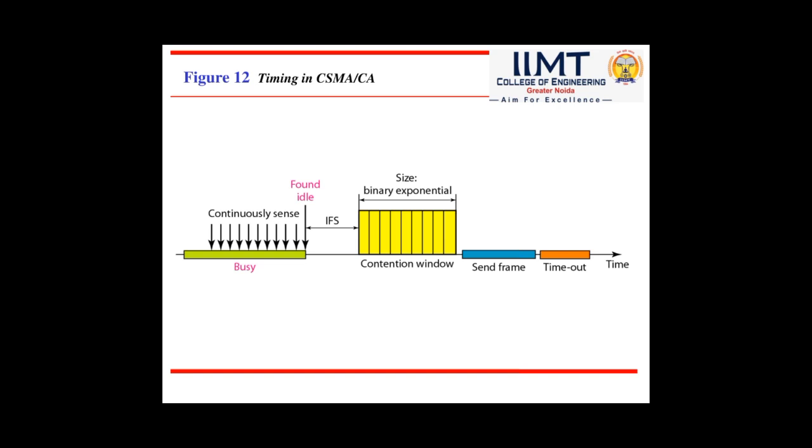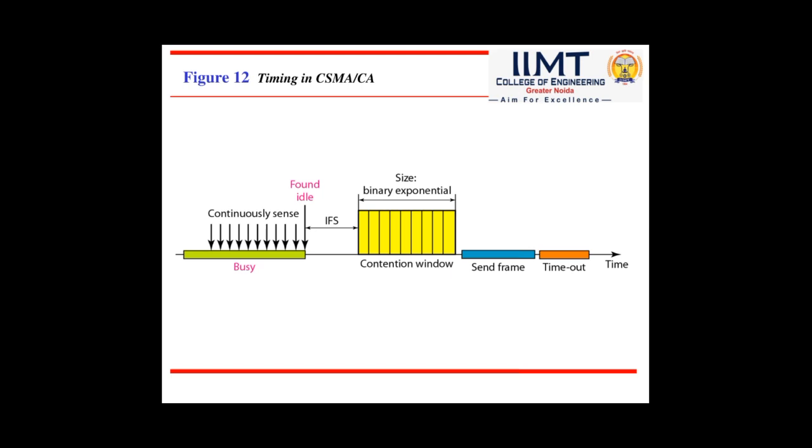So to avoid this, a new method came, which is CSMA/CA, carrier sense multiple access collision avoidance. This method is especially designed for wireless transmission, because when a collision happens between two frames, the difference of voltage cannot be easily detected. It is a very, very small amount.